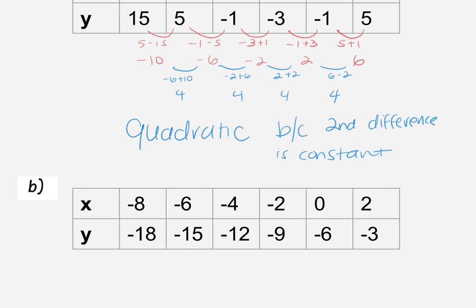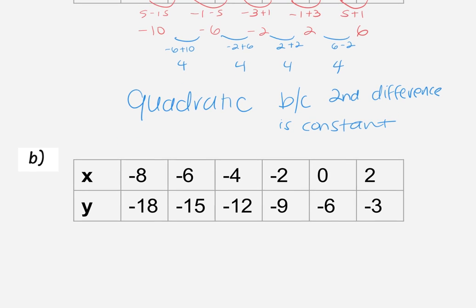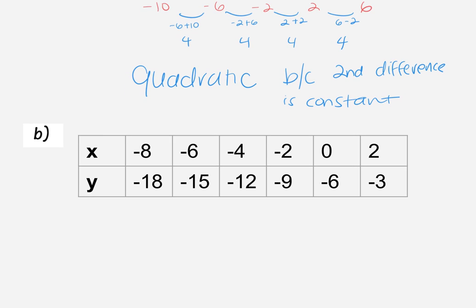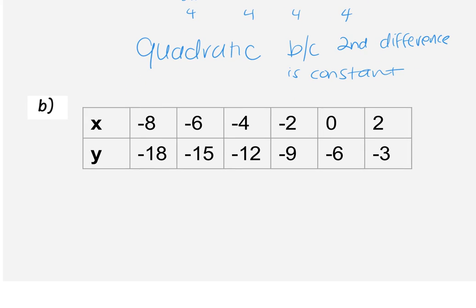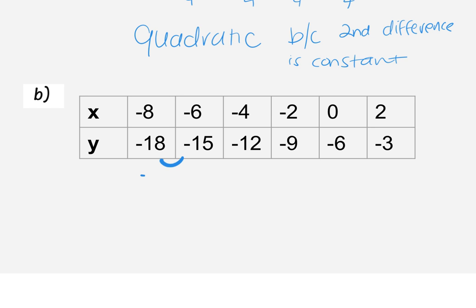So the next one. Well, it has to be the same kind of interval. It just maybe won't be 1. So for this one, the first difference, we're going to do -15 minus -18 over -6 minus -8. So we want to find our rate of change.